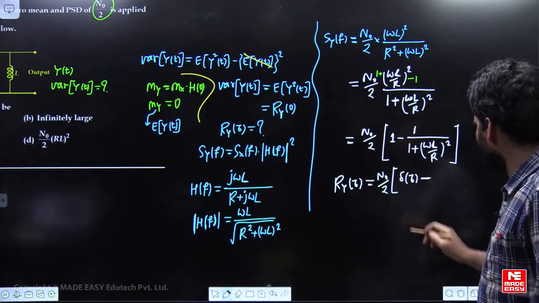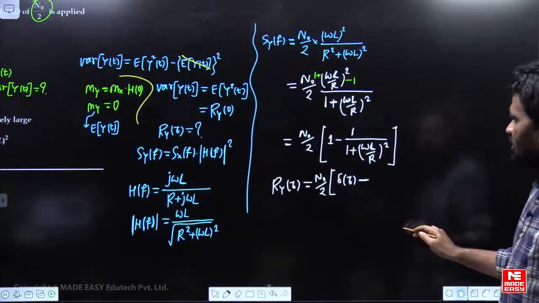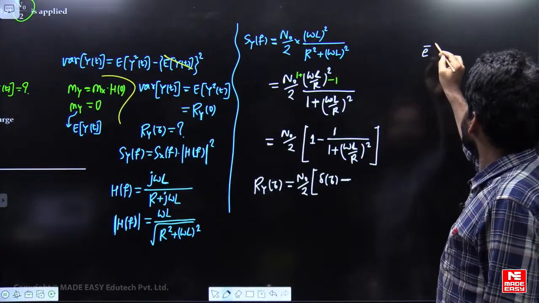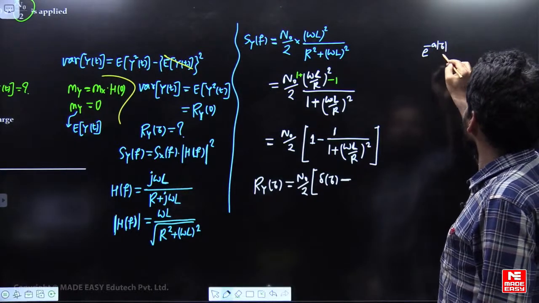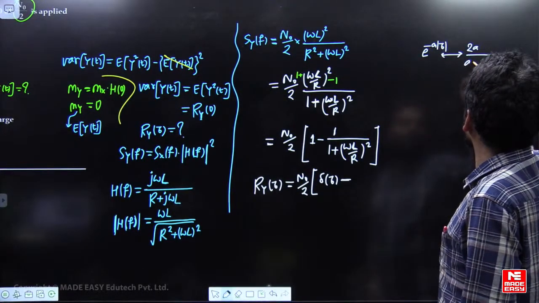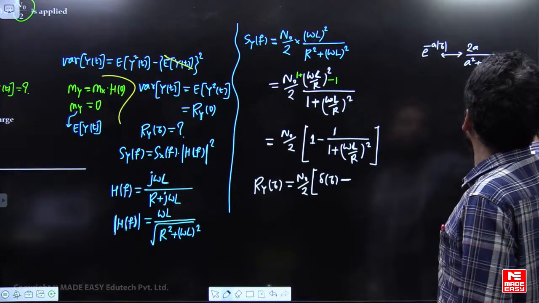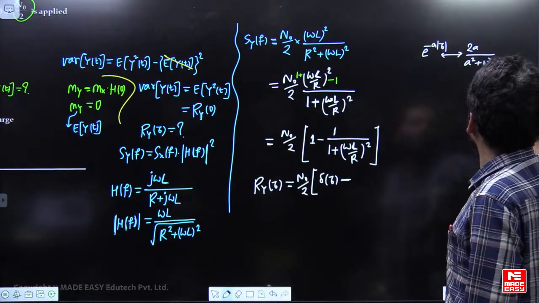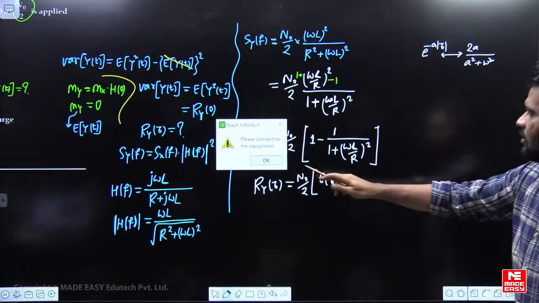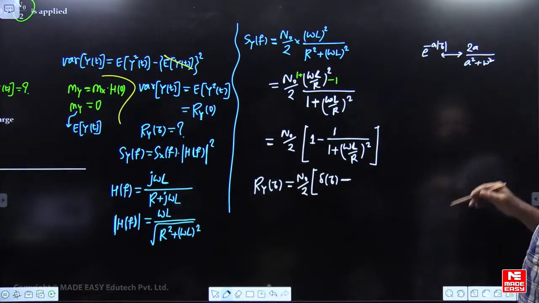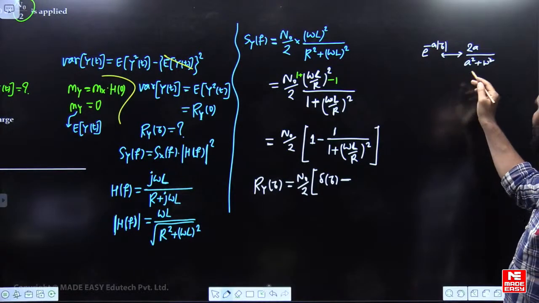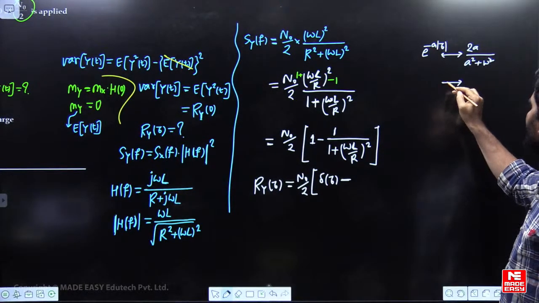This is minus. We know e power minus a mod tau has the Fourier transform 2a by a square plus omega square. Now, you can write it like this also.